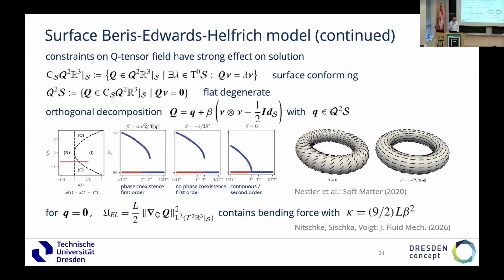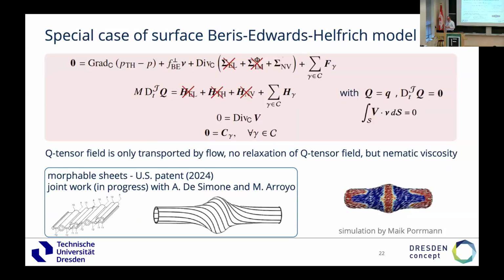Okay. Well, so far I showed you always some numerical result for the problem. We are still in the process of testing all this, but what I can do is to look at a special case. Let's assume we have the surface and the Q tensor, but the Q tensor is not allowed to relax.